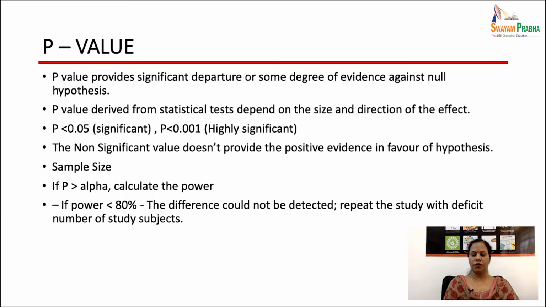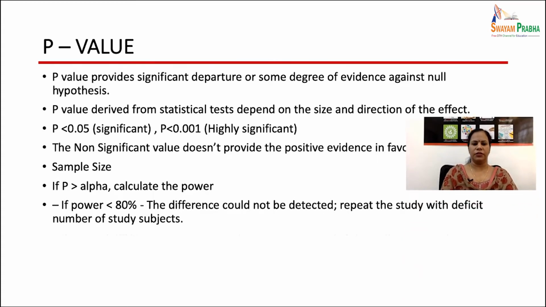We should increase the sample size, and then again conduct the study, calculate the statistical analysis, and calculate the p-value to see whether it is significant or not, and then based upon that significance we may reject the null hypothesis.